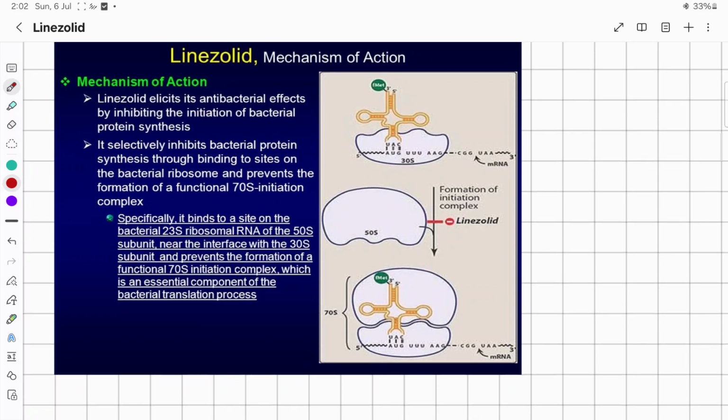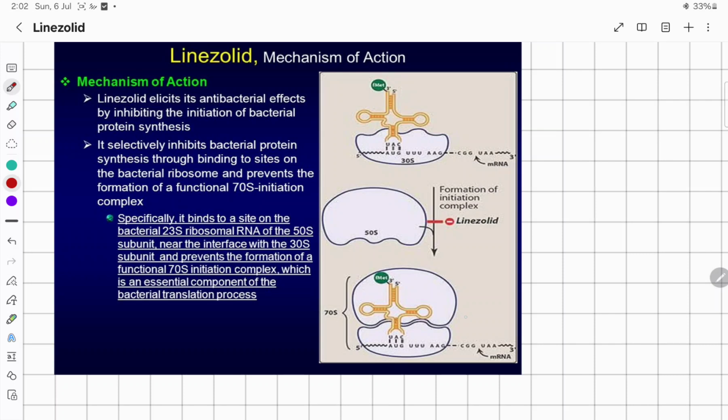So we can say that linezolid binds to the A site of the 23S ribosomal RNA portion of the 50S subunit of ribosome and inhibits the formation of the 70S initiation complex.